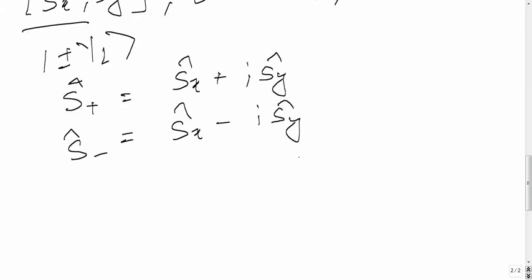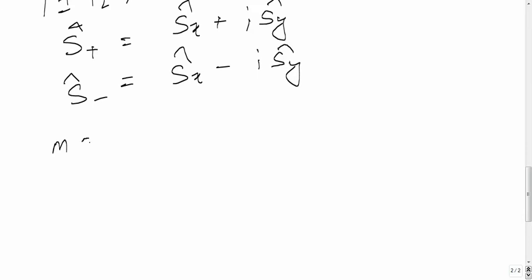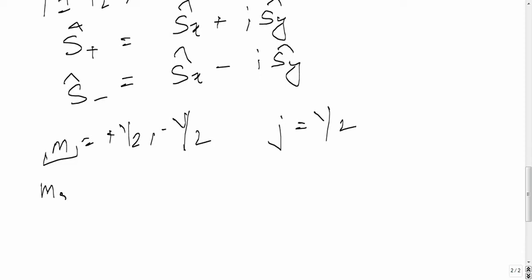One thing you should know: the value of small m, that is the spin value, is plus half and minus half, corresponding to the value of j being half, and we denote the m for spin angular momentum as m sub s to distinguish between integral angular momentum and half integral angular momentum, and j corresponding to half integral values as s.